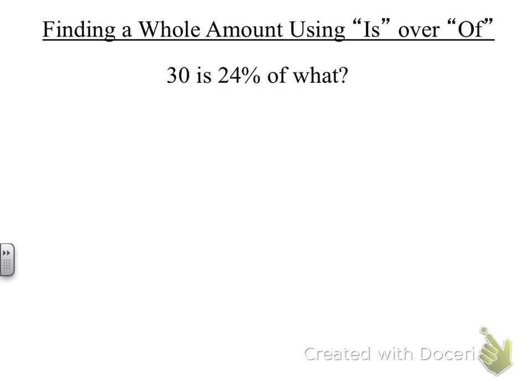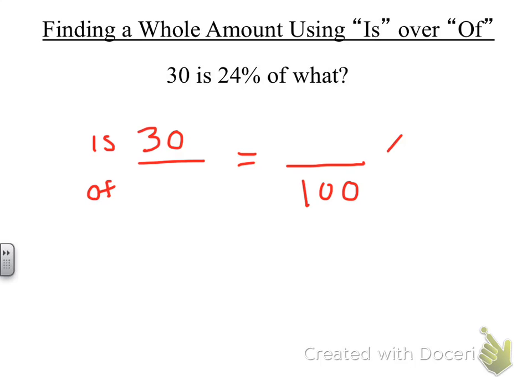Okay, so what am I filling into my is over of? I want to hear from somebody I haven't heard from. Ashley. 30 goes over 24. Remember, it's is over of equals percent over 100. What is your of? 24.